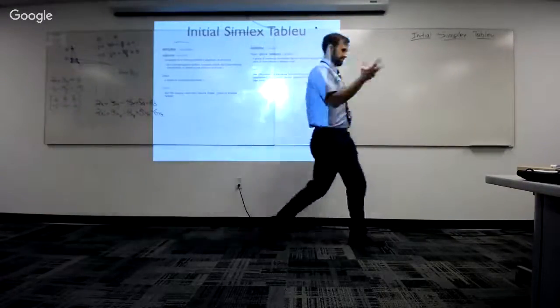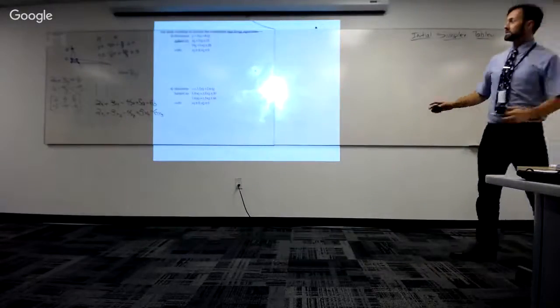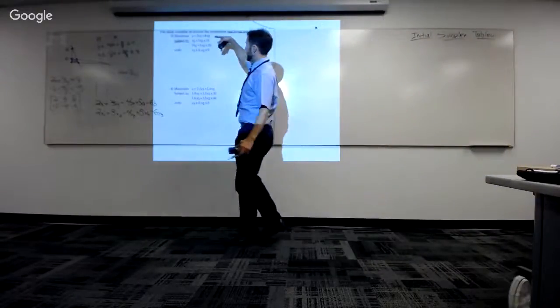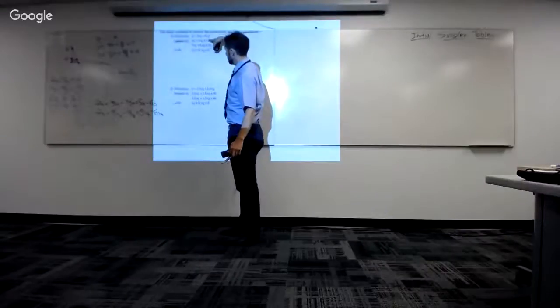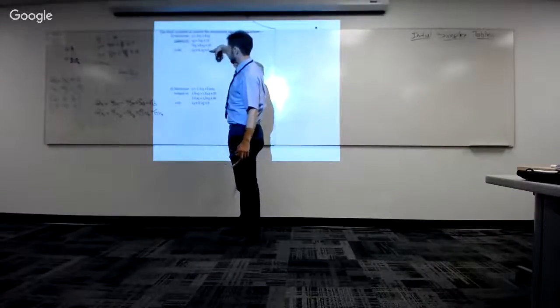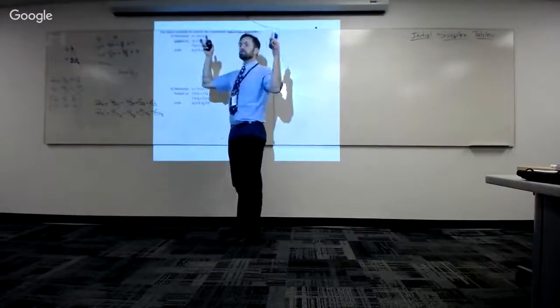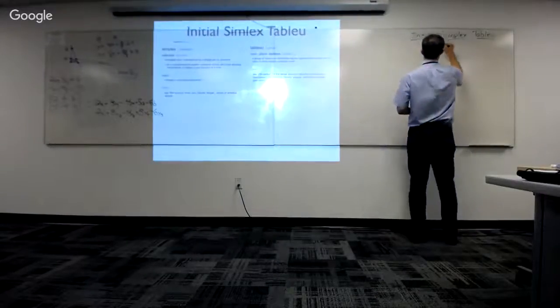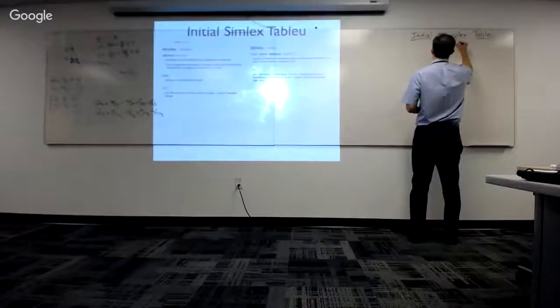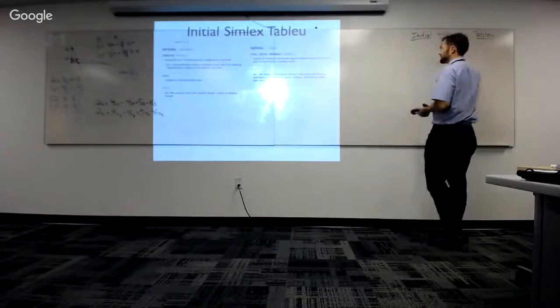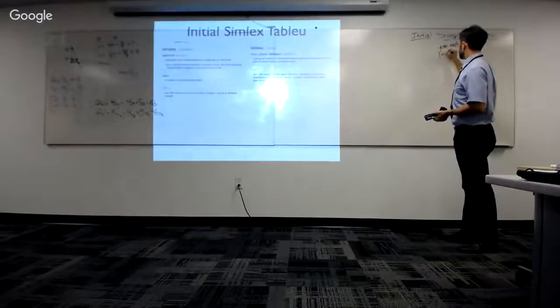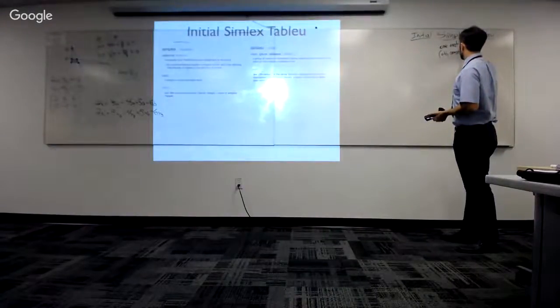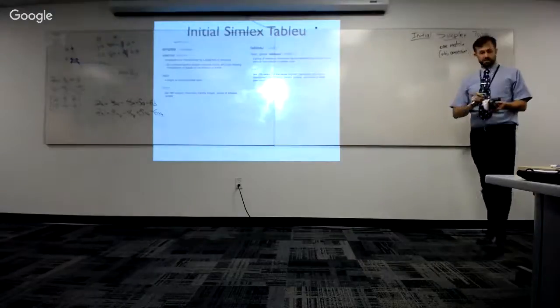We take a problem like this that has an objective function, inequalities, and non-negativity assumptions, and we're going to turn it into one matrix. So that's what the simplex means. It's one matrix, but that one matrix has a lot of different things in it. You've got the objective function and the constraints, and we're just going to throw them all into one big matrix. That's simplex.